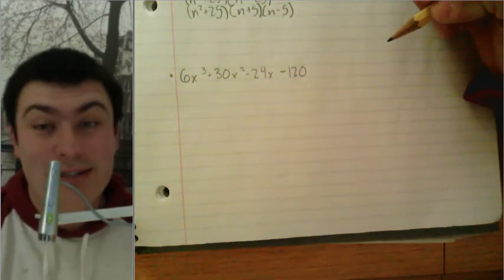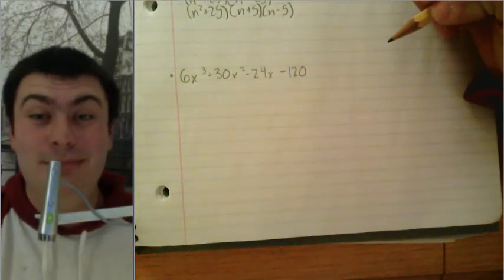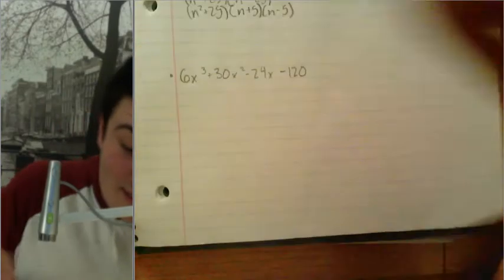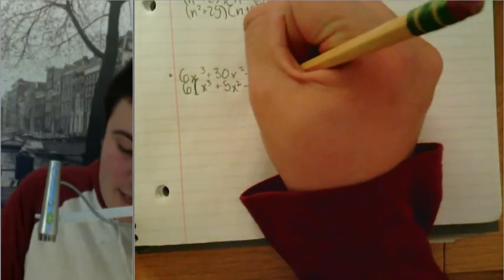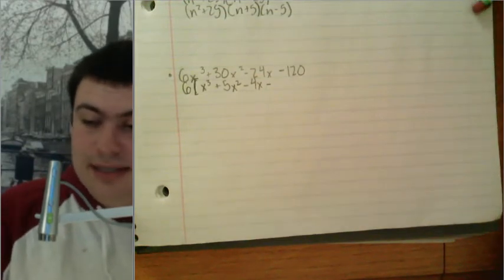Yes, and it's 6. So now we have 6 times x cubed plus 5x squared minus 4x minus 20, each divided by 6.